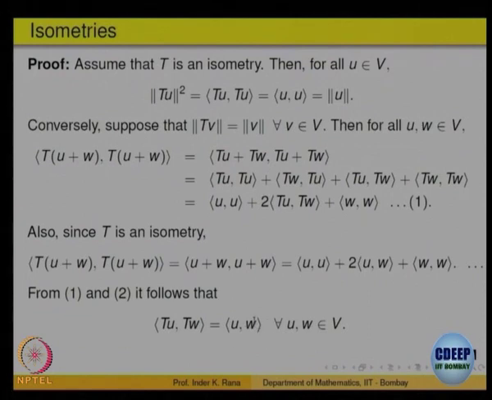What we are given is that the norm of Tv is equal to the norm of v for every v. Then what do we want to prove? That the inner product of Tu with Tv equals the inner product of u with v, for any u and v. So, if I take this, it has 4 terms.